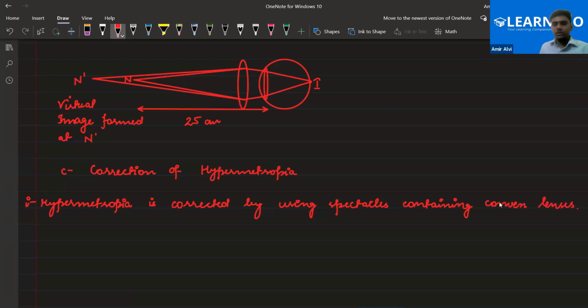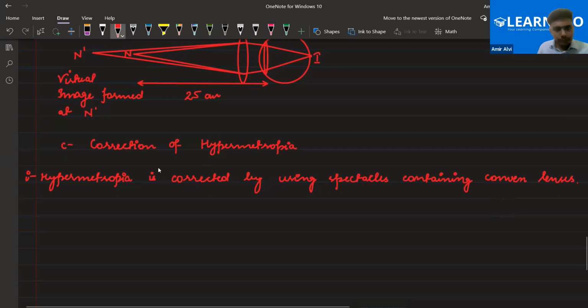Please let me know, Shazil, is this clear to you? And the purpose of using the convex lens is to increase the converging power.